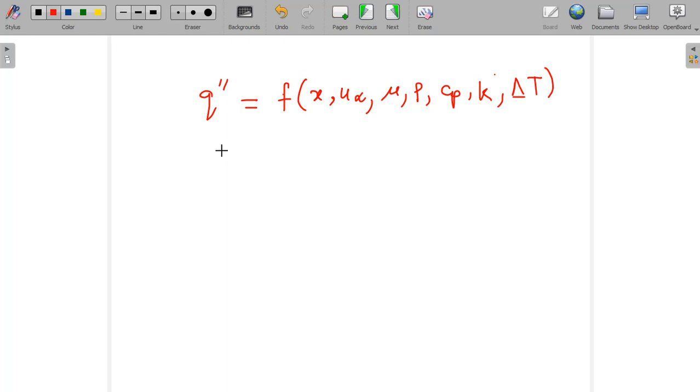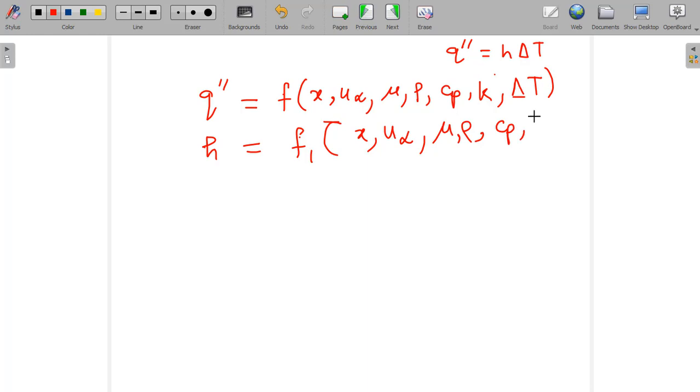Now we can write the factors on which h will depend, because heat flux is equal to h into delta T. So delta T you need not write, so if we write F1, then h depends on x, u infinity, mu, rho, Cp and K. So on these factors h is going to depend.